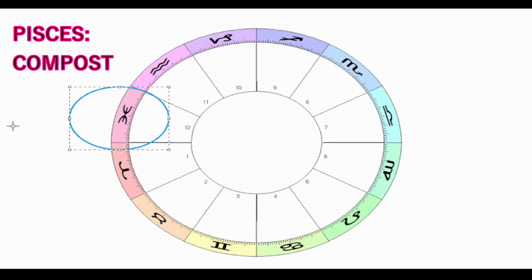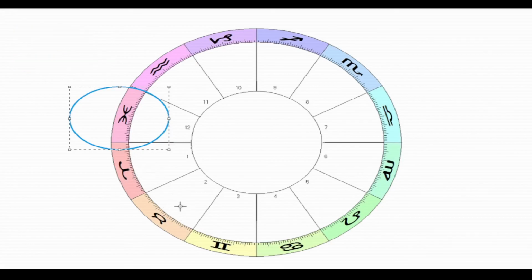So in Pisces, we understand the role of death in the cycle of life, because out of that composted soil, that decaying, rotting Pisces season, not only do we get the seed, but we get the fertile soil for the seed to grow and for our next life cycle.